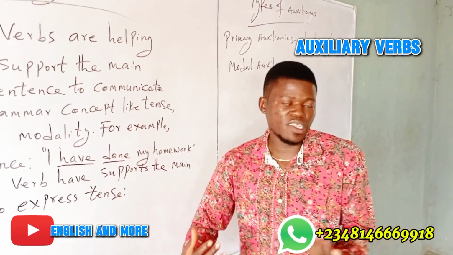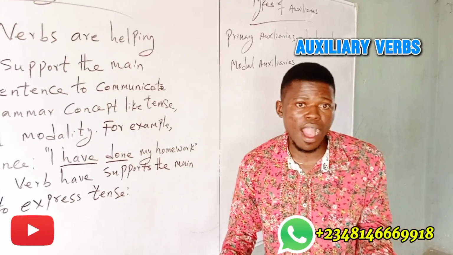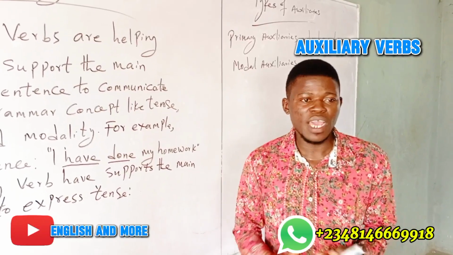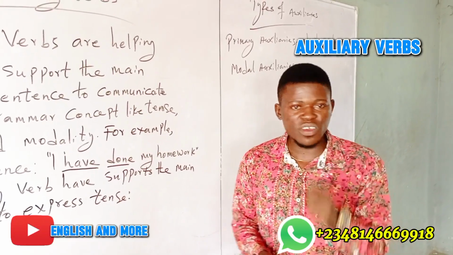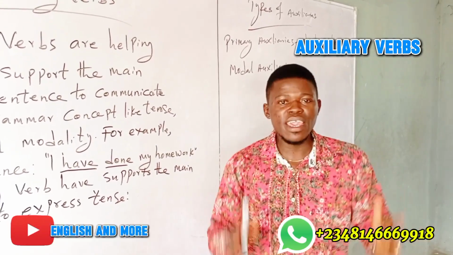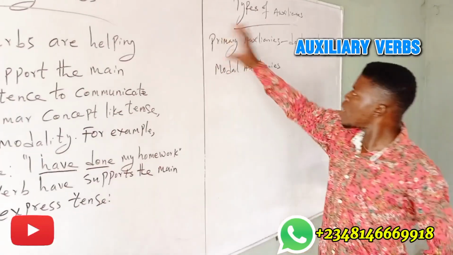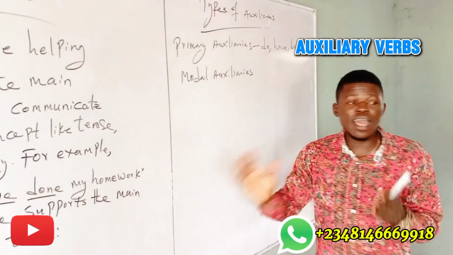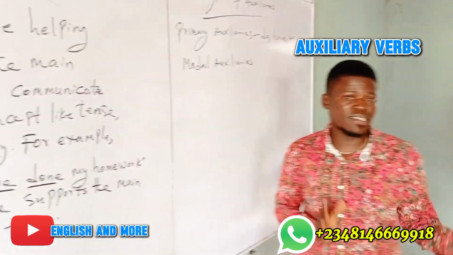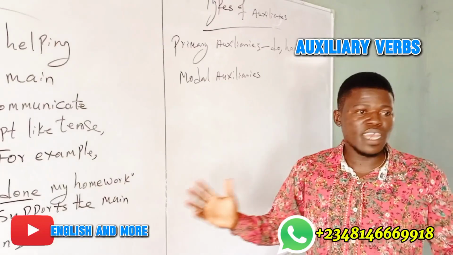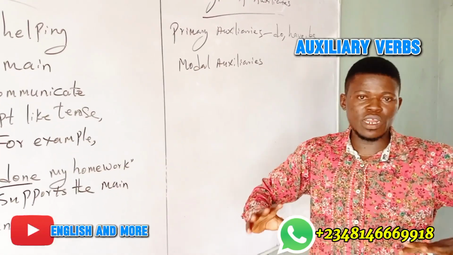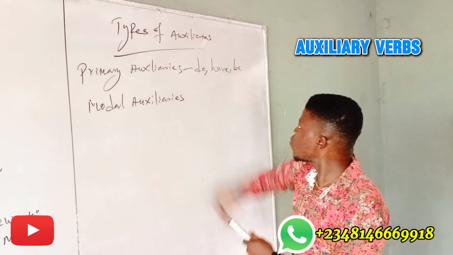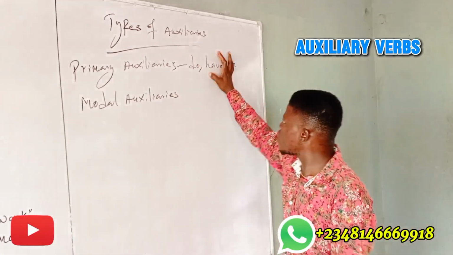But if you go to a sentence like I have a car, I have a pen, I have a telephone, have in that sentence functions as the main verb. So when we talk about primary auxiliaries, these are types of auxiliaries that play dual role in a sentence. Sometimes they can function as main verb. The primary auxiliaries are three, just like I've said before. We have do, have, and be.